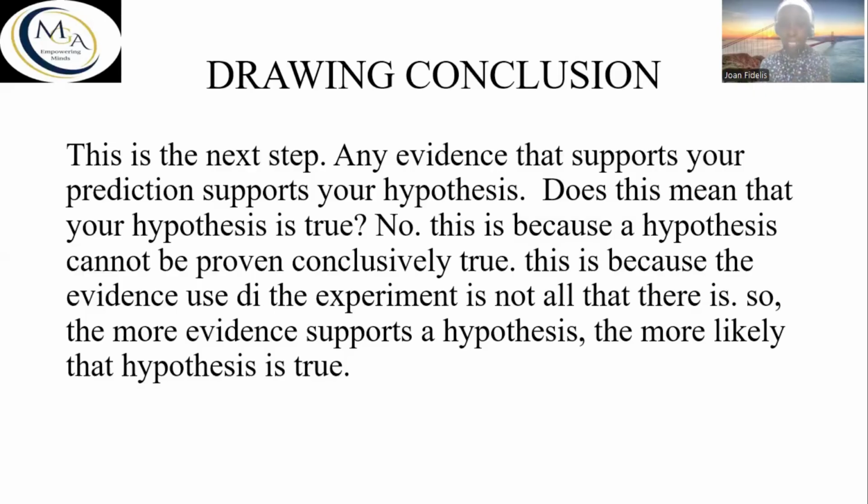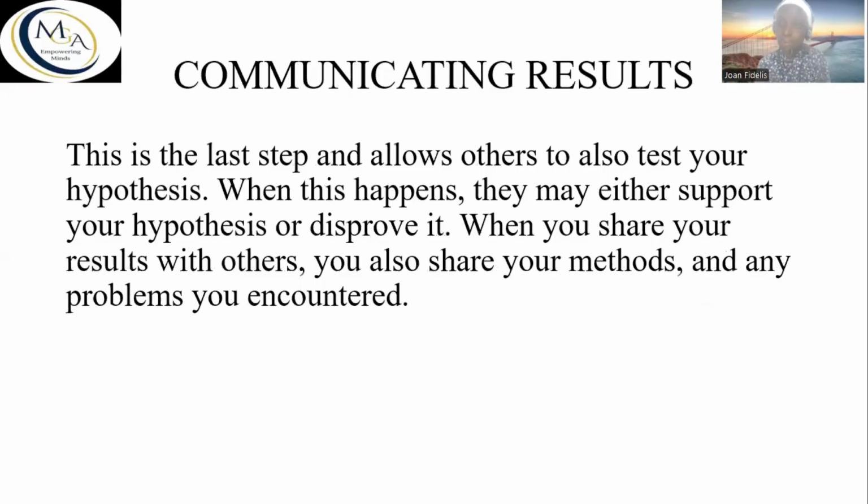So no hypothesis can be proven conclusively true. And some of the ones we even have presently, when more data comes out, when people carry out more experiments, you'll be surprised to discover that we are also making mistakes. So that's what it means for a hypothesis to not be conclusively true.